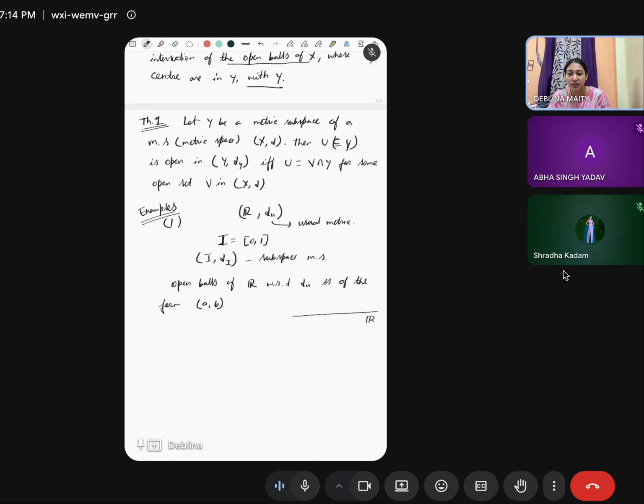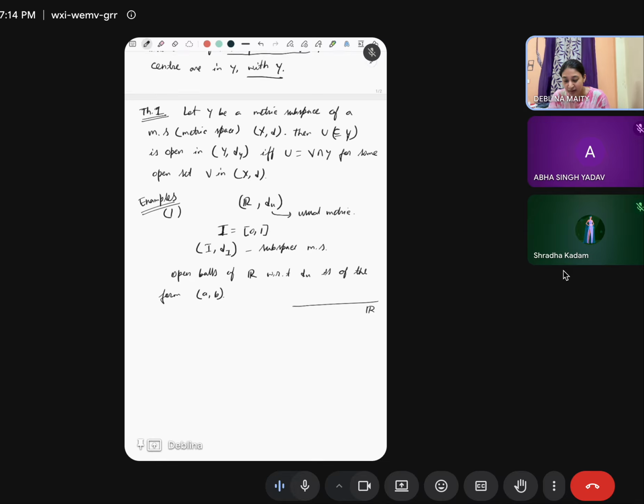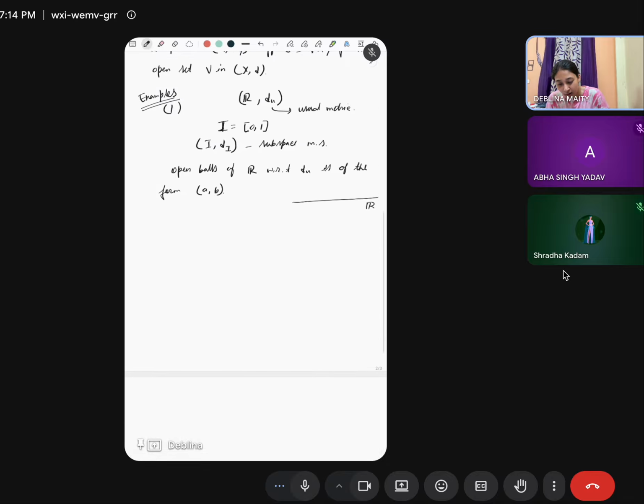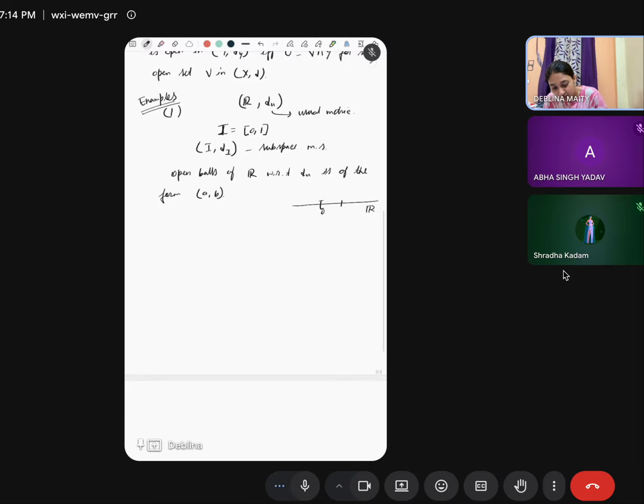Open sets can be a union of (a, b) and (c, d), right? Some open balls around some point. This is some interval, so every open ball looks like some open interval (a, b). Now what about the open balls of I? So I is (0, 1), right? So every open ball of I will be, so the open balls of I are what?